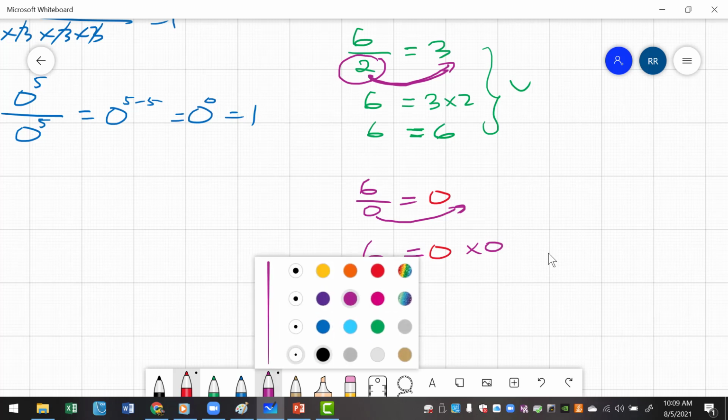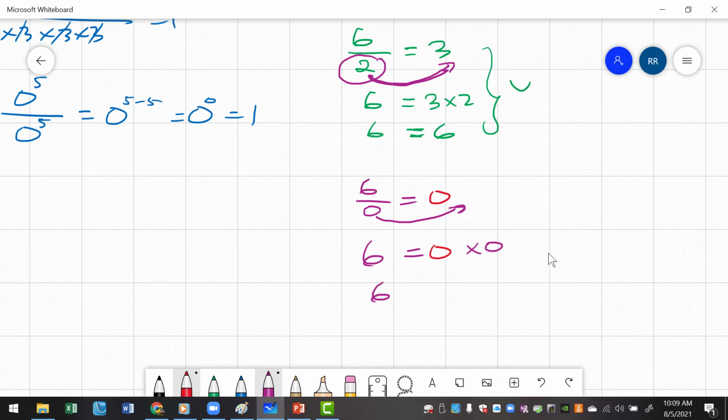So when we do this, 6 is going to be equal to 0 because we know 0 times 0 is 0. But 6 is not equal to 0. Okay? So that's why your computer or your calculator says it's a math error. Actually it is undefined.